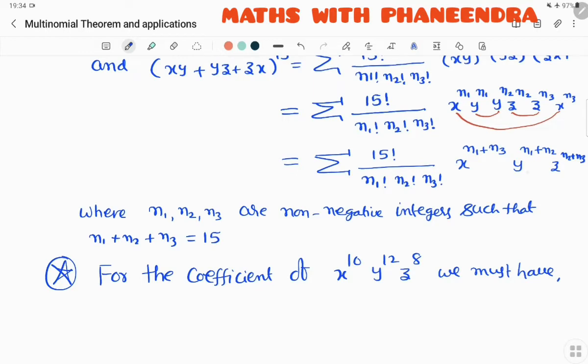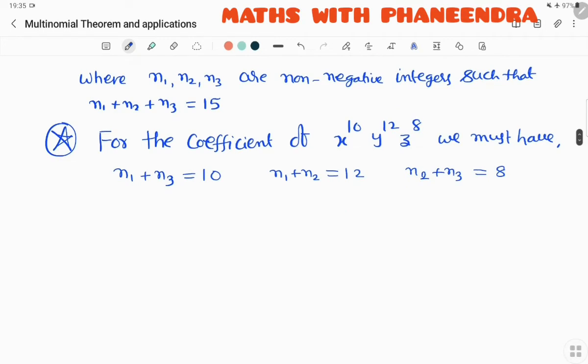In the same way, y power here n1 plus n2, here y power is 12. Here n2 plus n3, here power is 8. So we must have n1 plus n3 is equal to 10, n1 plus n2 is equal to 12, n2 plus n3 is equal to 8.